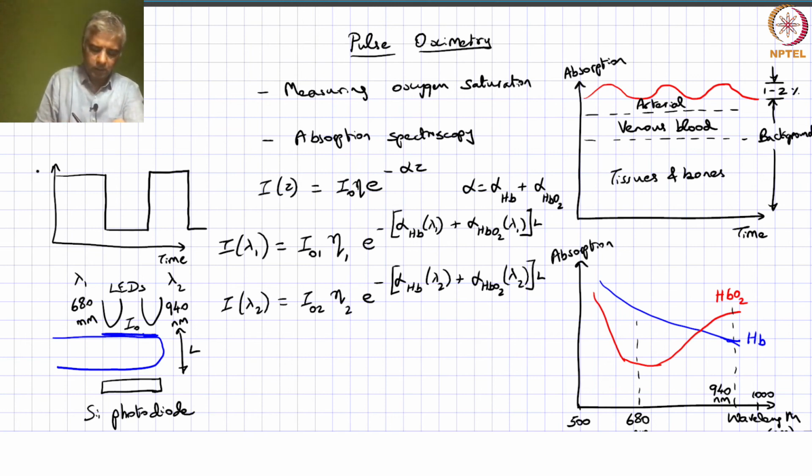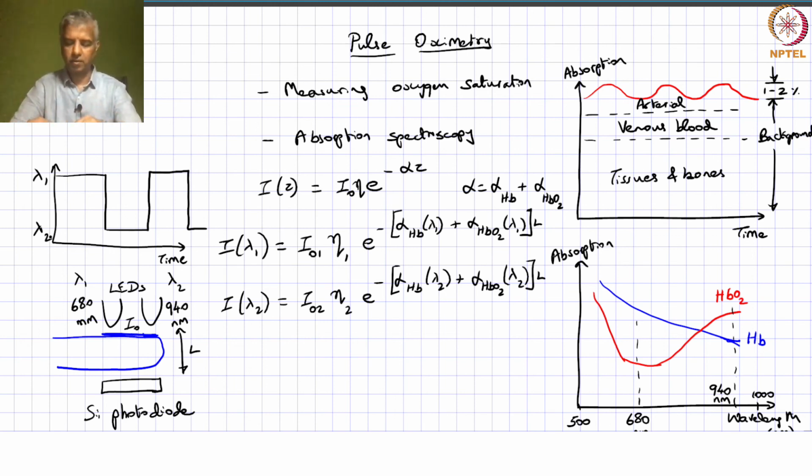So, lambda 1 is turned on during this time, lambda 2 is turned on during this time, and you can essentially repeat it as fast as you can make your measurement itself, right.